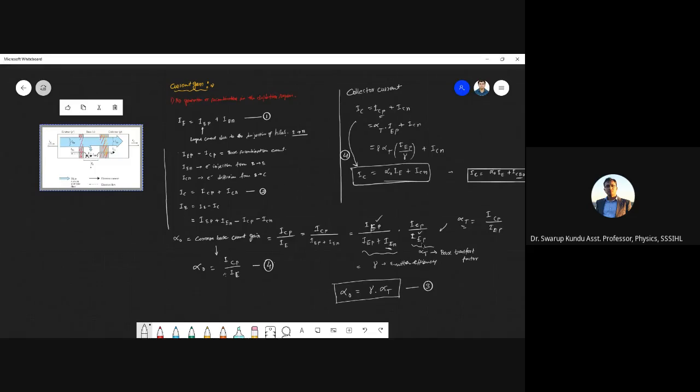Now for an ideal transistor, we want this base transport factor to be 1. We don't want any recombination loss in the base. Now to reduce this recombination loss, that's why in a physical transistor you will see the base is very, very thin compared to the emitter and collector regions.